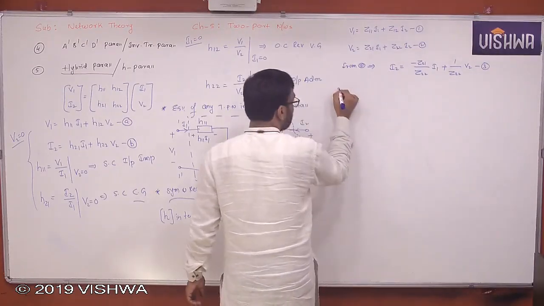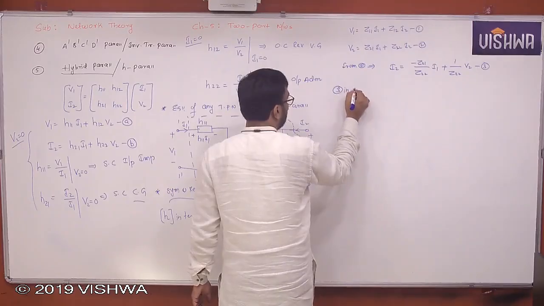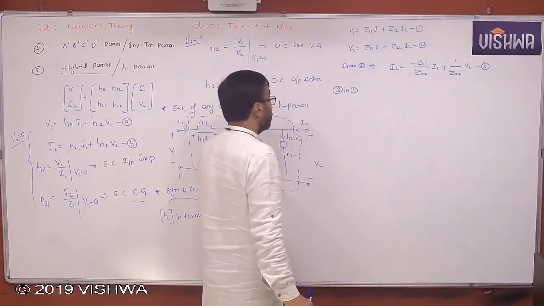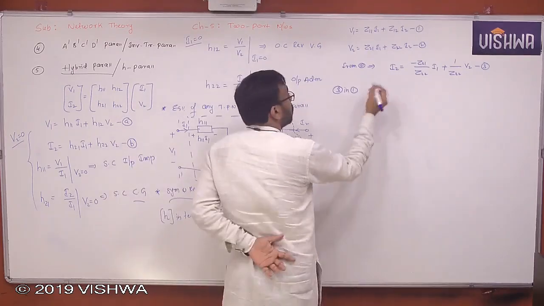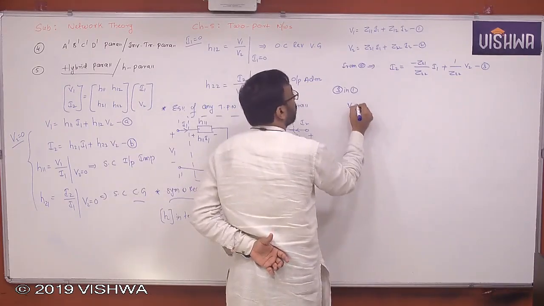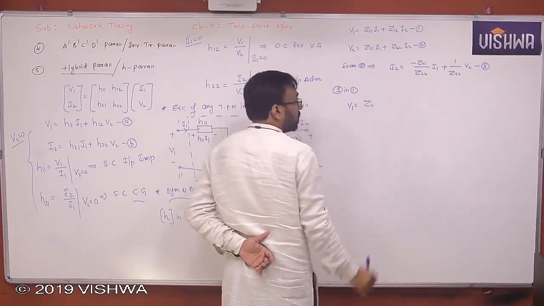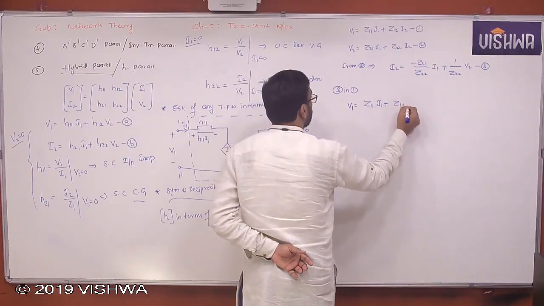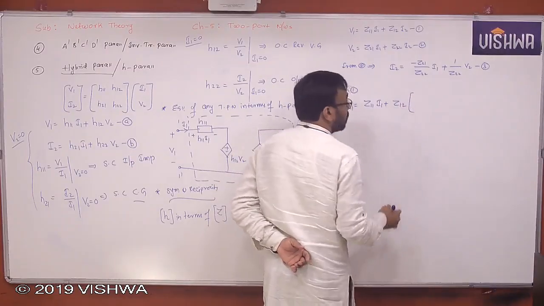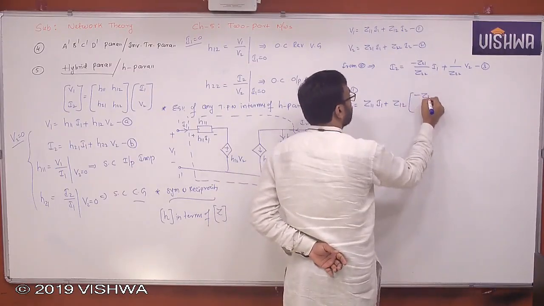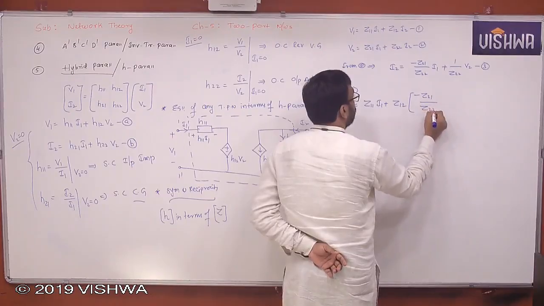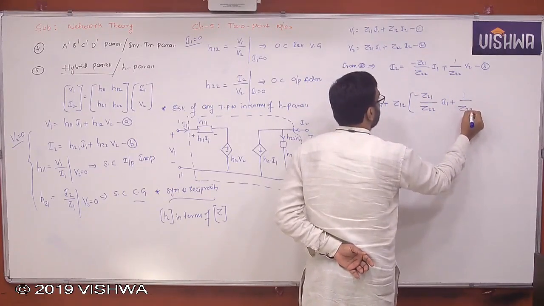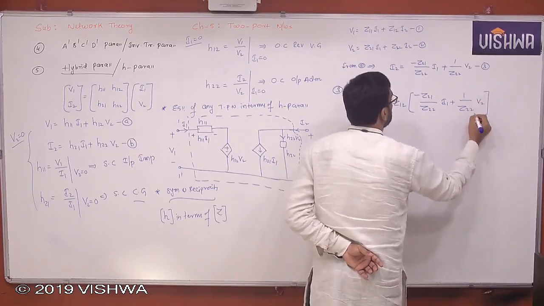If you substitute this 3 in 1, then the resulting equation can be compared with equation A. So tell me what you get. V1 is equal to Z11 I1 plus Z12, what is this I2? Minus Z21 by Z22 I1 plus 1 by Z22 V2.